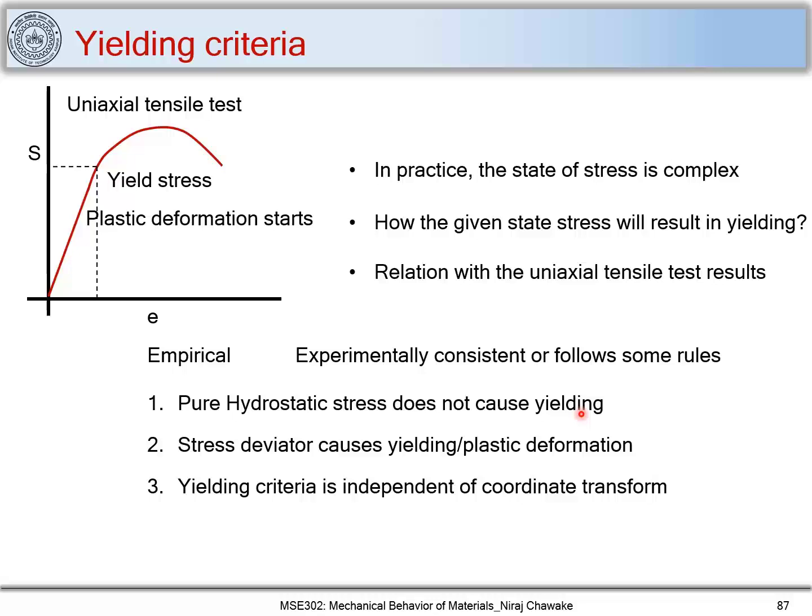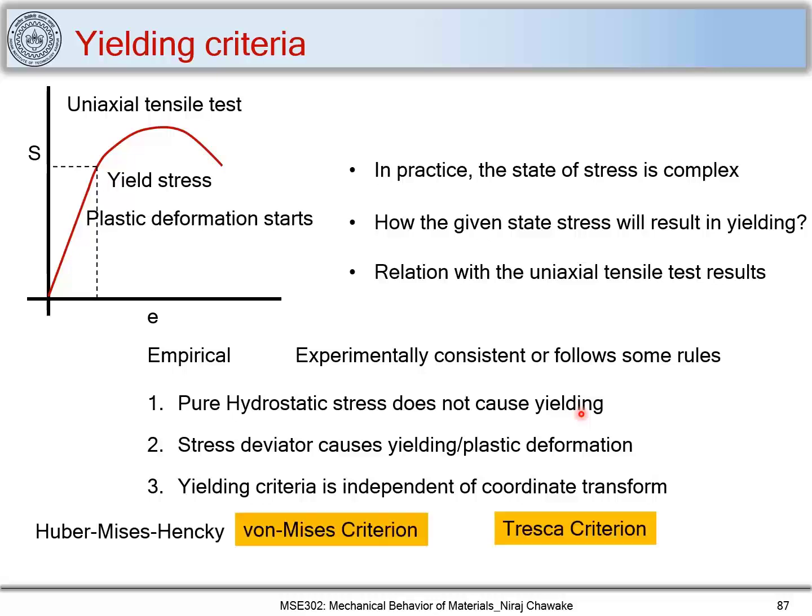And the third rule is that the yielding criteria is independent of coordinate transform. So whatever yielding criteria we are taking, irrespective of our coordinate system, it should be able to predict whether the material will yield or not when a given state of stress is applied, and it should be independent of your coordinate transform. So there are two major yielding criteria that we'll be looking at.